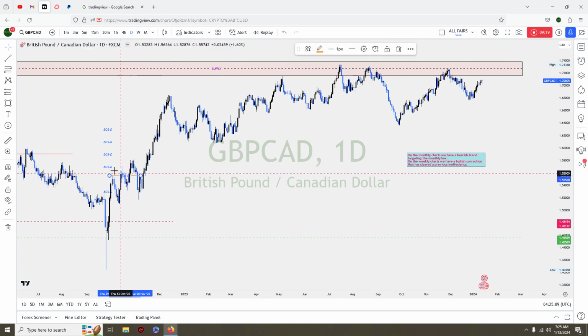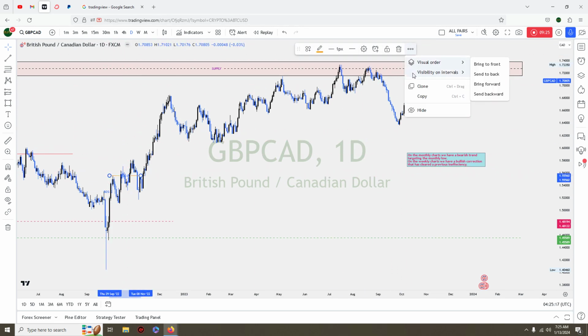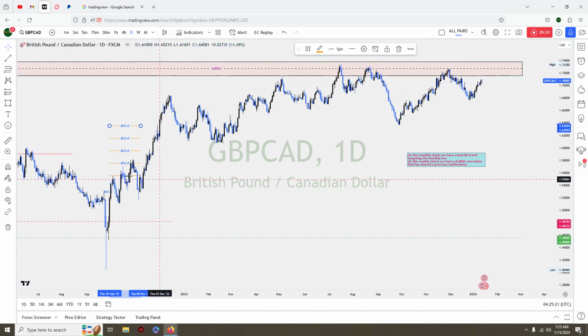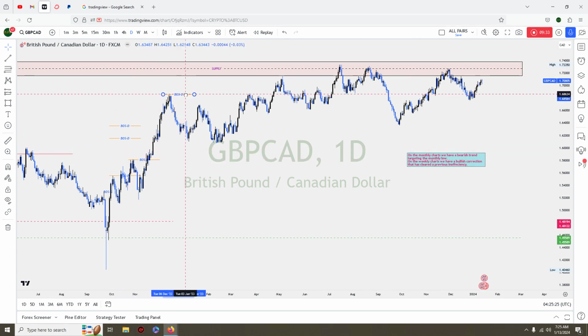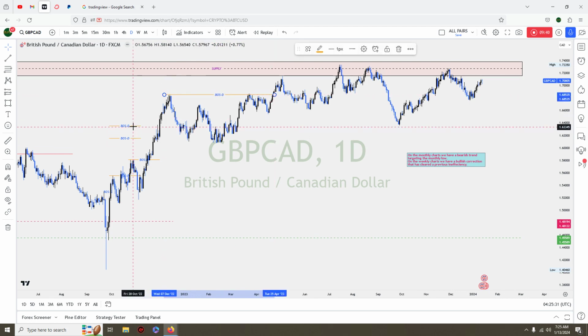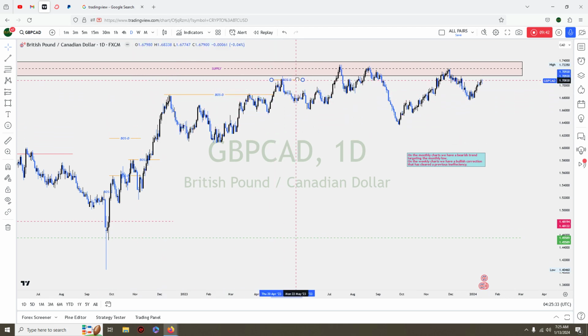Actually, that's the one I should be cloning because it's longer. So let me clone. So we also formed this high. Then we formed this high. And then we also formed this high.